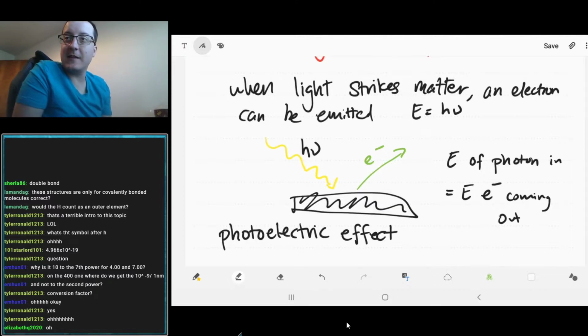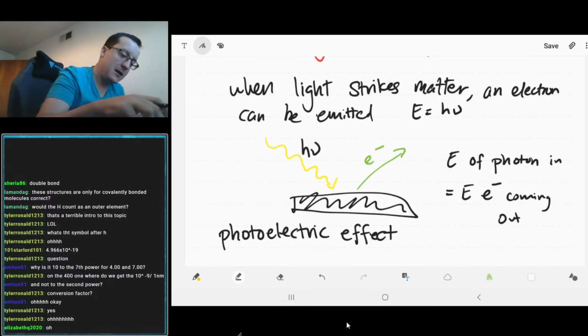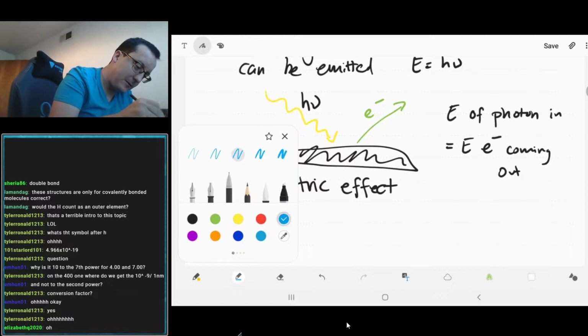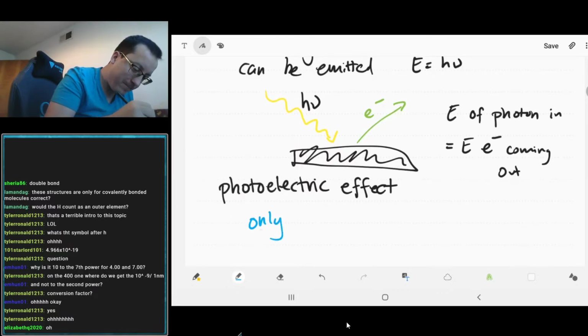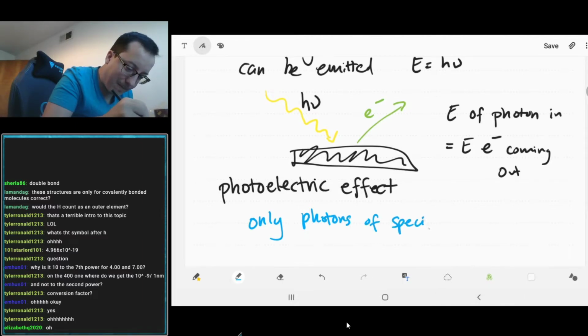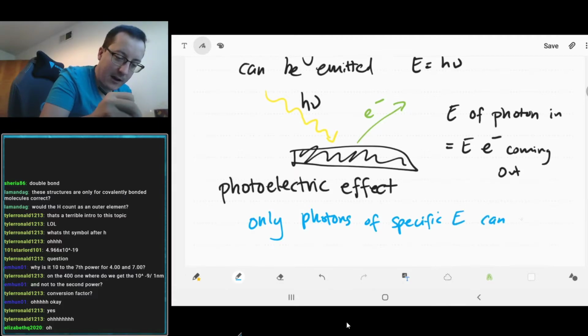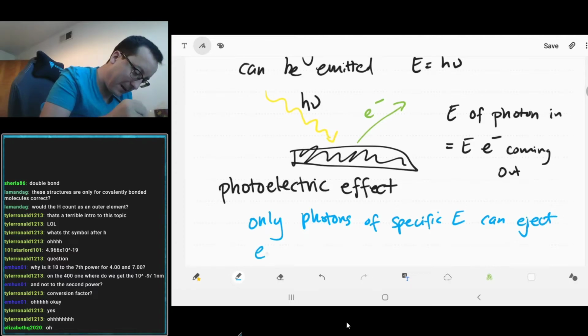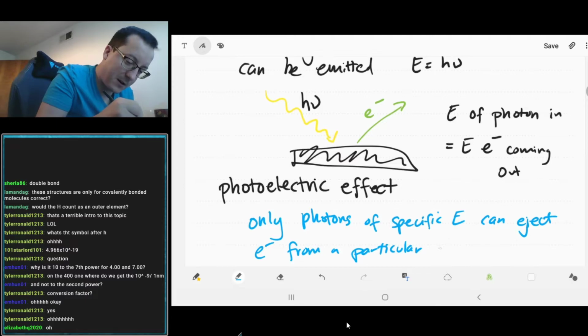We're going to see that this is going to be very specific, in that only photons of specific energy can eject electrons from a particular material.